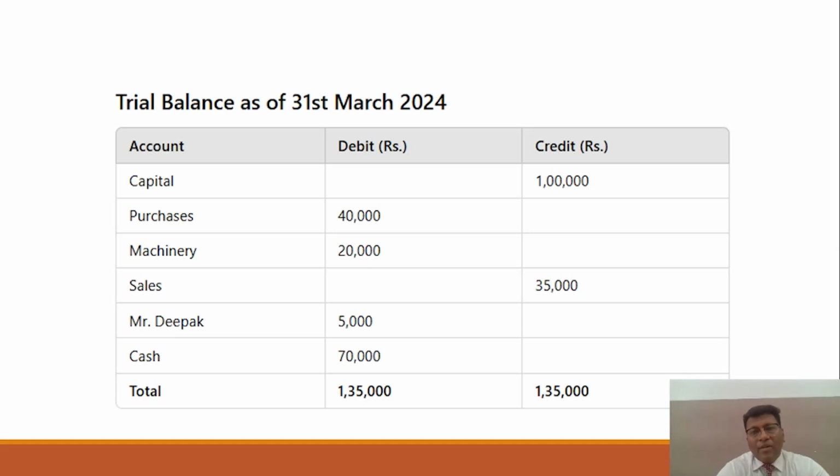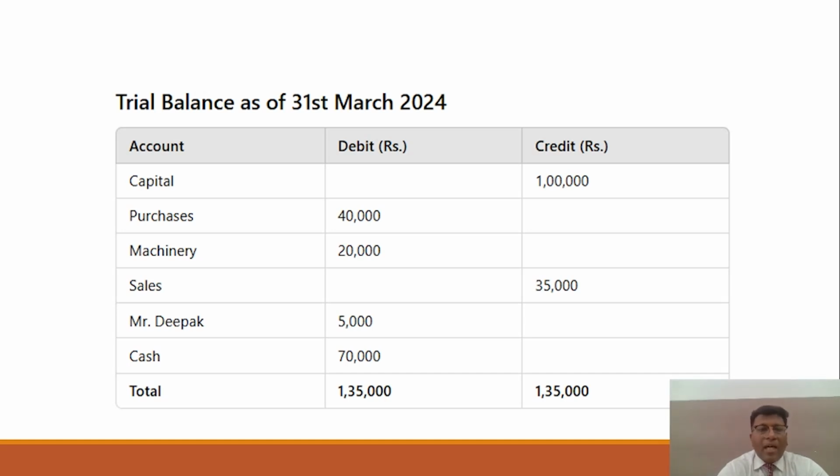So the trial balance is a very, very important statement when it comes to checking the accuracy of the recording of transactions in the ledger, right? But a trial balance may have some errors. Those errors you have to find out through your books yourself, right? But by making the trial balance you can ensure whether there is any error or not, right?